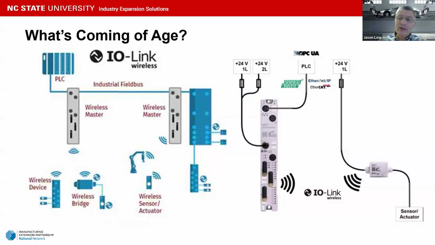So this particular technology, IO-Link, is expanding exponentially in this area of wireless. So the cabling, in effect, goes away. We have to be able to supply power to it, obviously, but we now relieve ourselves of having to do cabling.